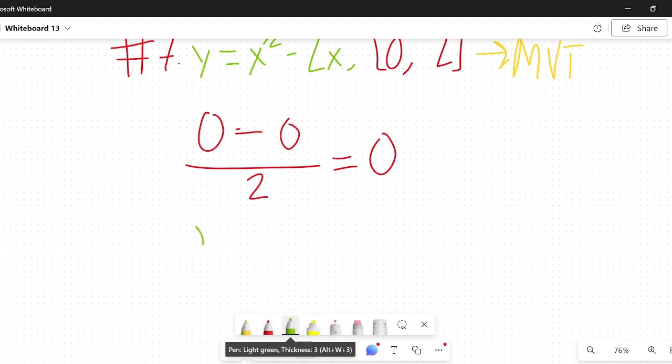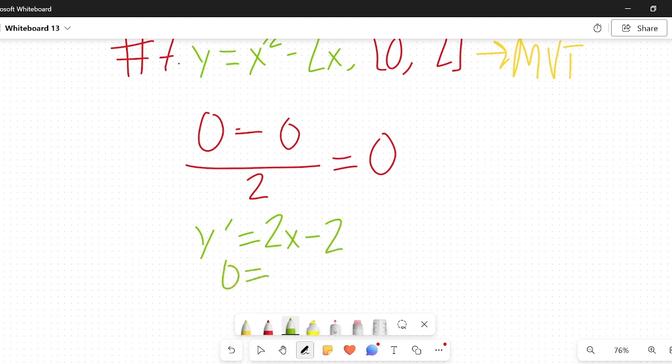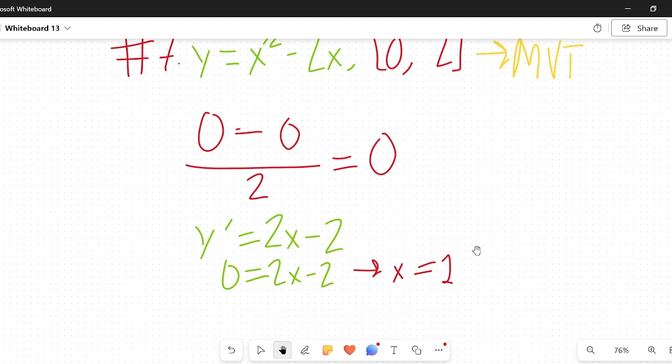So y prime of this is equal to 2x minus 2, right? So now, if we solve for this being 0, 2x minus 2, we get that x equals 1. So at x equals 1, which lies in between this interval, the slope is 0.